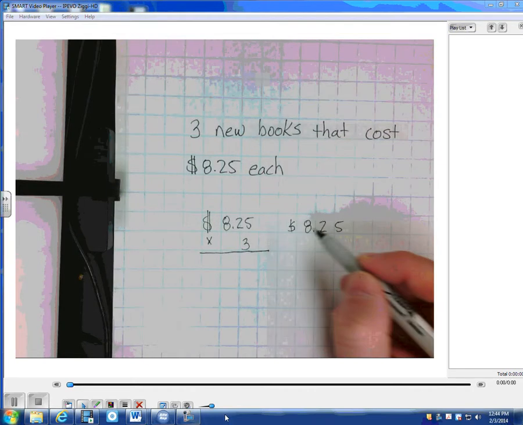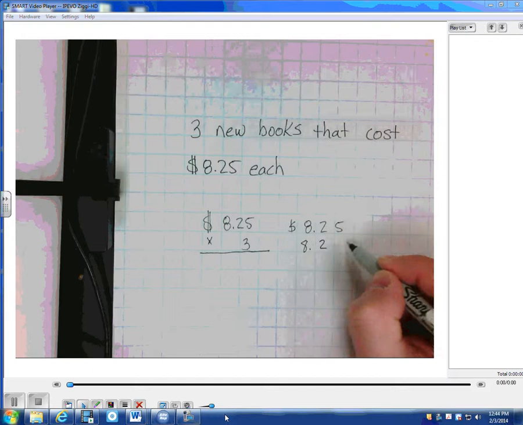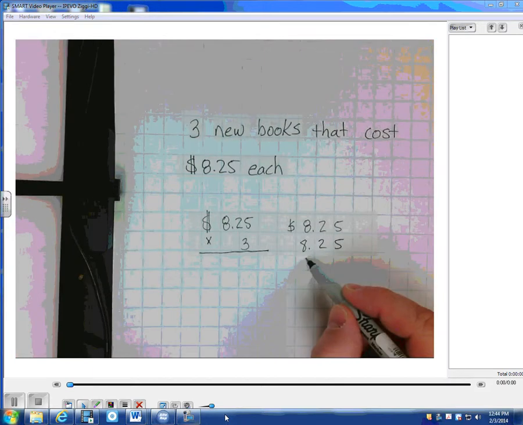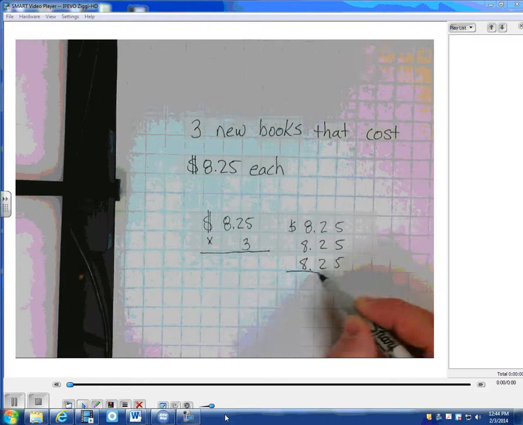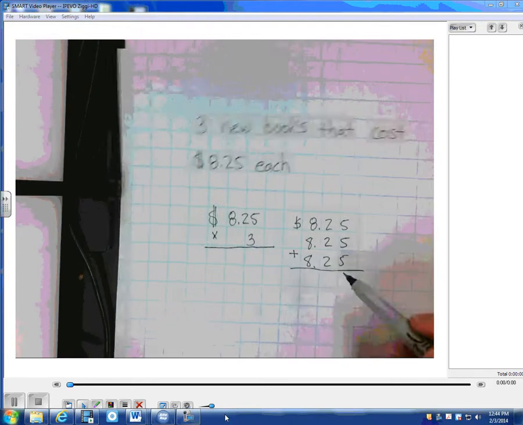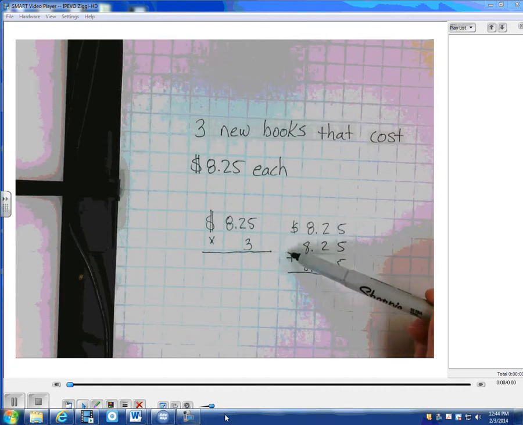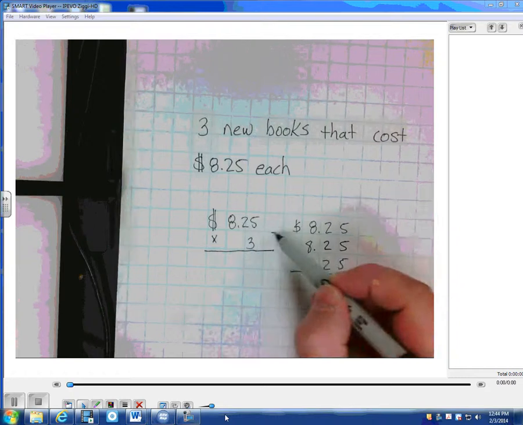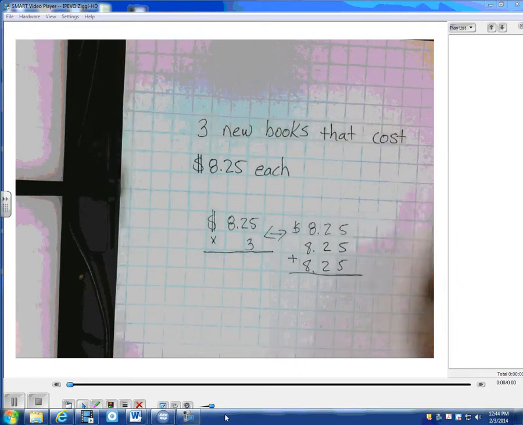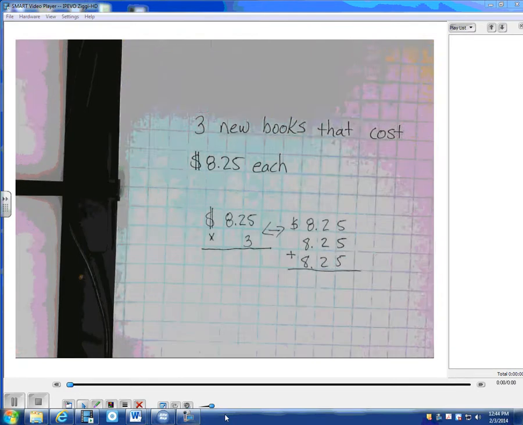I could get another book for $8.25. And I could get another book for $8.25. And I could add the 3 numbers together. Because again, multiplication is the same thing as repeated addition. So either way will give you the right answer. You do the math on that one, whichever way you want to do it. Just check over your work. Make sure you're doing it carefully. Don't make silly mistakes, whether you're doing it the multiplication way or if you're adding. Okay, that's 1 through 4.